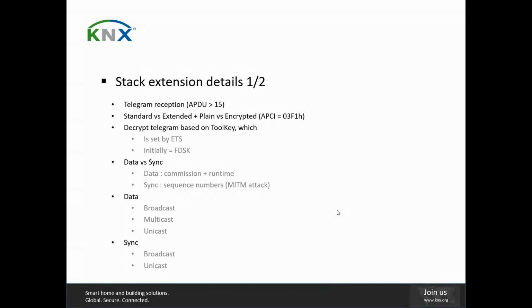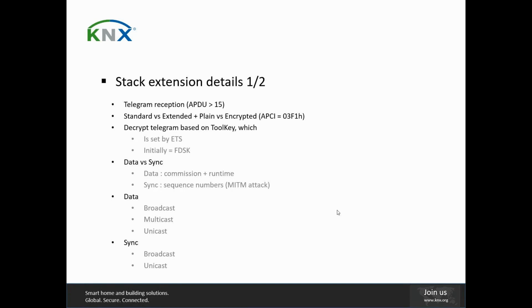Most of the plain devices out there, maybe most of them, I don't know to be honest, but still a lot of them, are only able to process so-called standard frames, which means the payload length is limited to a maximum of 15 bytes.